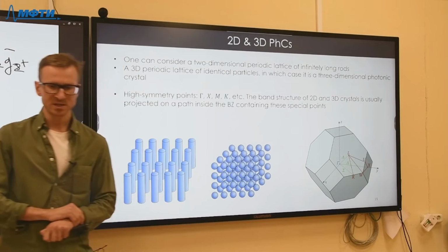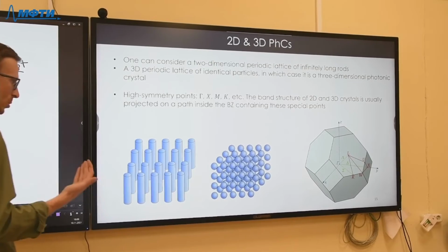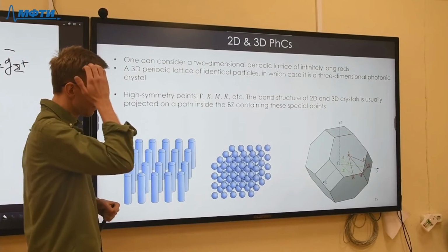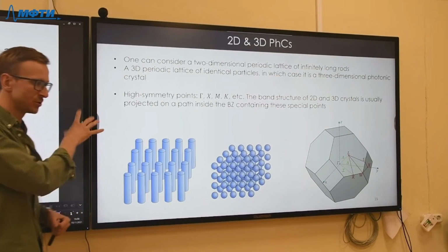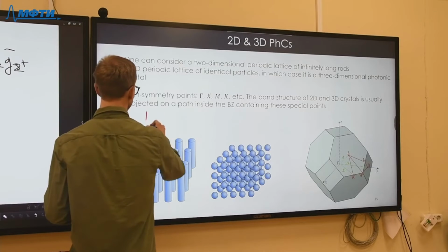So when we're dealing with 2D or 3D photonic crystals, what we often are interested in is the Bloch wave vector beta. But because the system now has 2 or 3 periodic dimensions, beta also becomes a vector. It's not just a scalar, it's a vector which has 3 components.